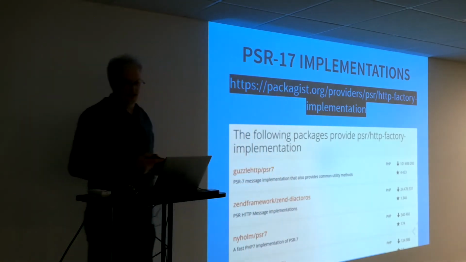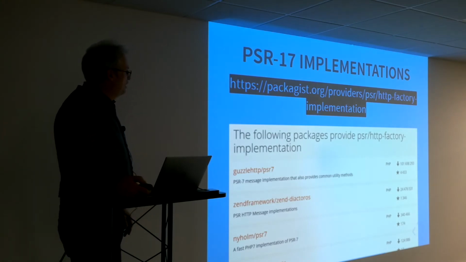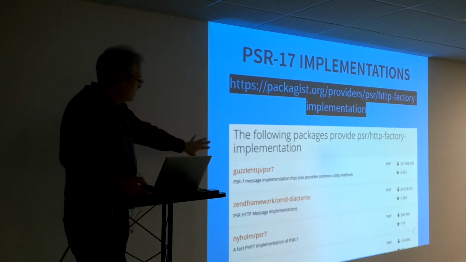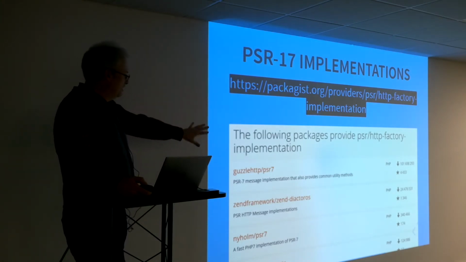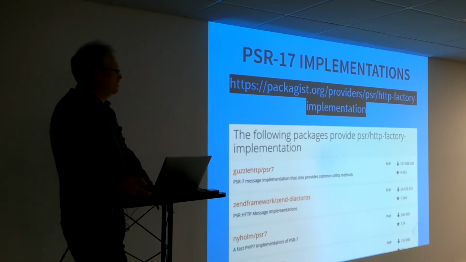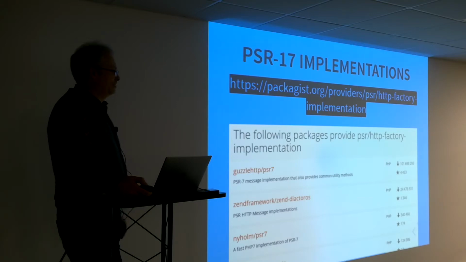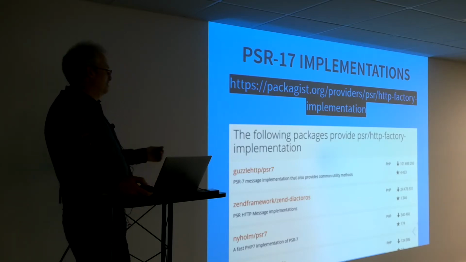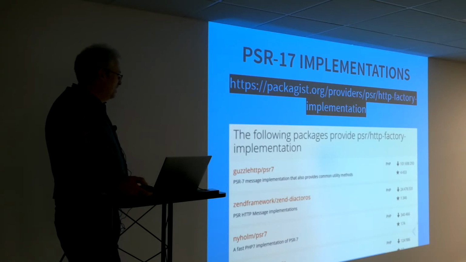I can't find a direct link to it, but it will give you a list of everything that provides certain things. So this is a list of all the packages, and the screen goes right down, of all the packages that provide HTTP factories, sorry, PSR-17 factories that create PSR-7 messages.